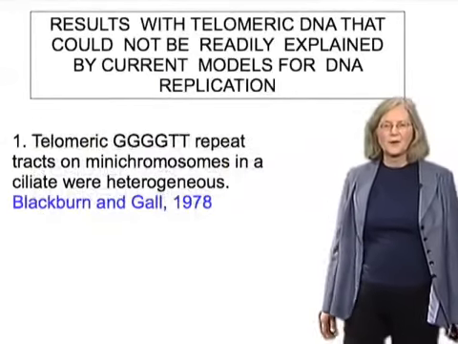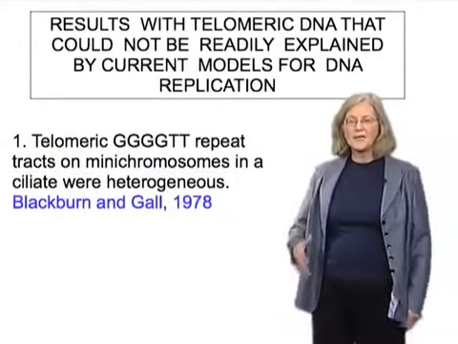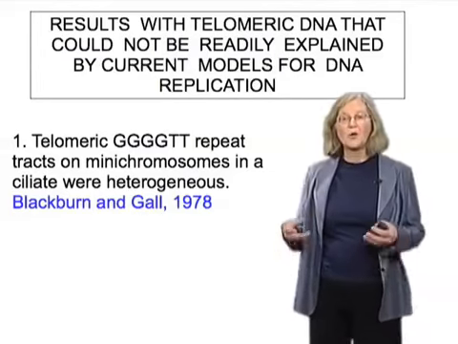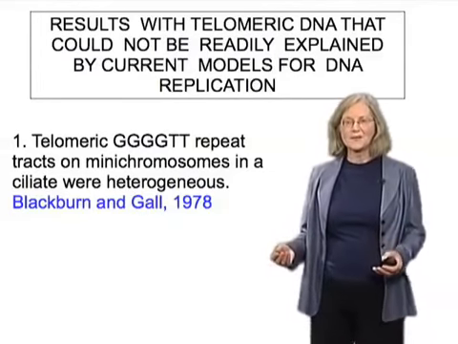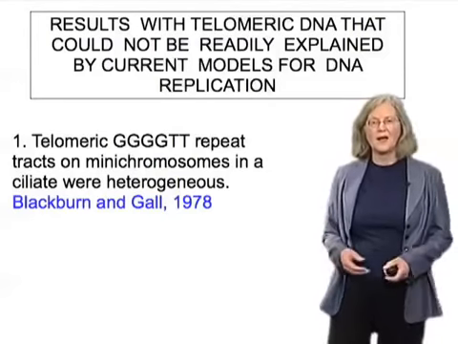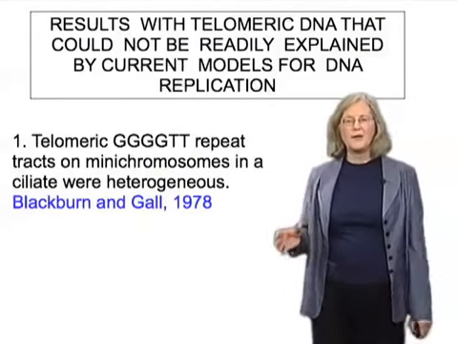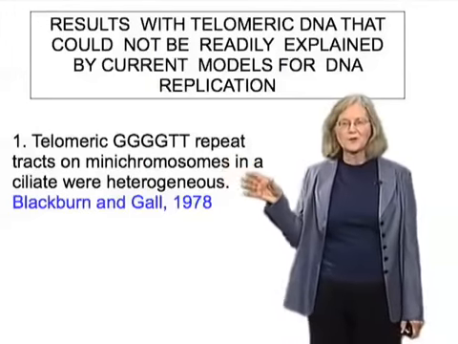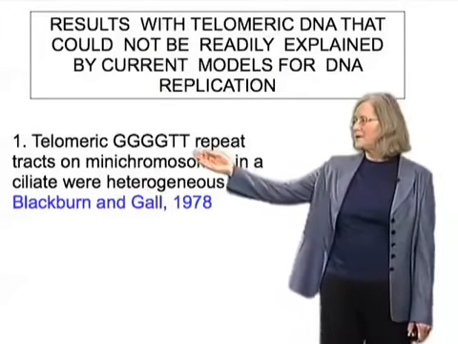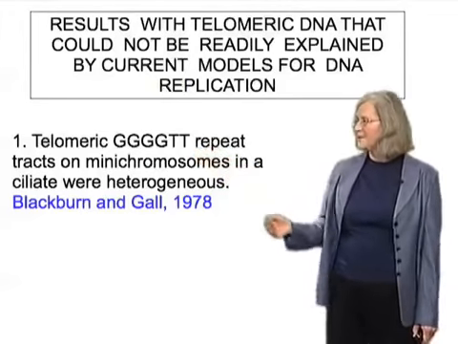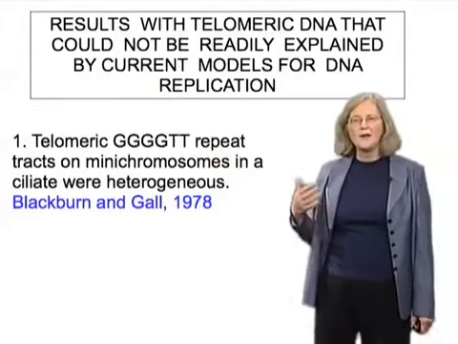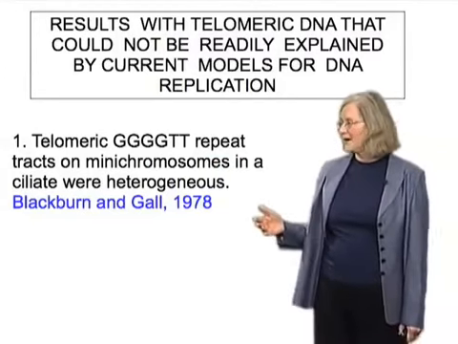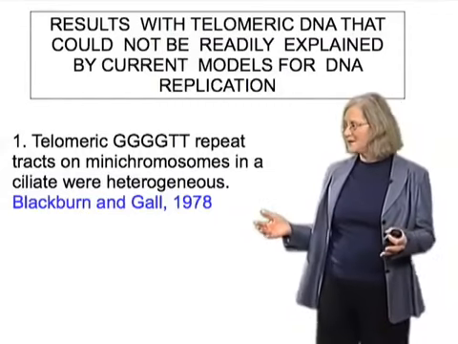Well, the first one was that in the ciliated protozoan Tetrahymena, which has a lot of very small mini chromosomes and is therefore amenable to molecular analyses of its telomeric DNA by direct methods, the telomeric repeat sequences, remember I told you about the repeated sequences repeated over and over at the ends of chromosomes, the repeat sequence in this organism, G4T2 repeats, were heterogeneous in their number in different molecules in a population of otherwise homogeneous cells.